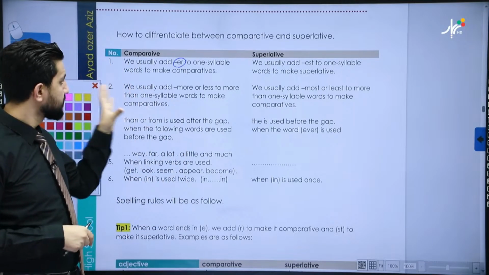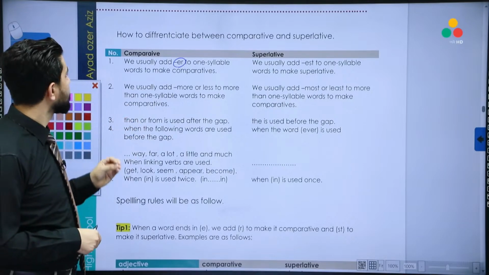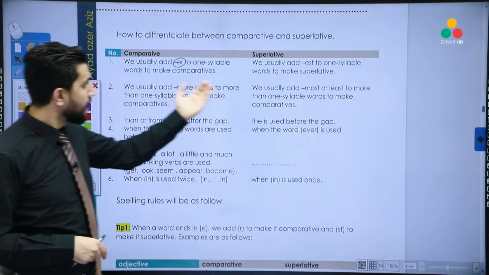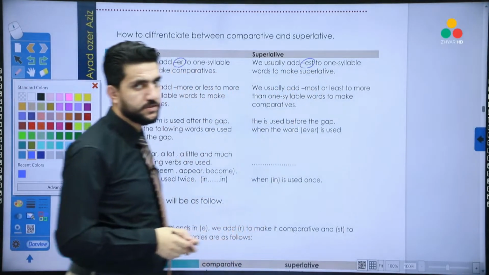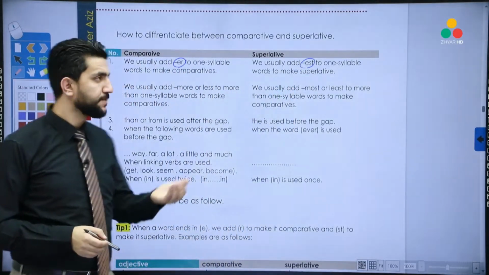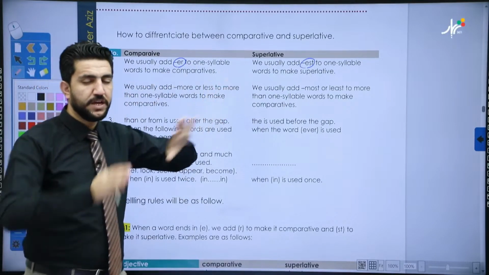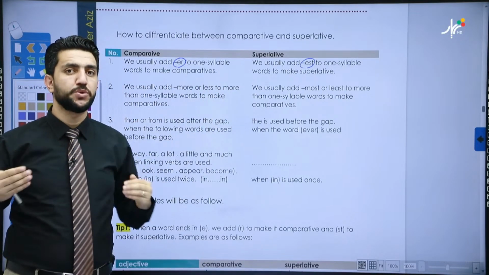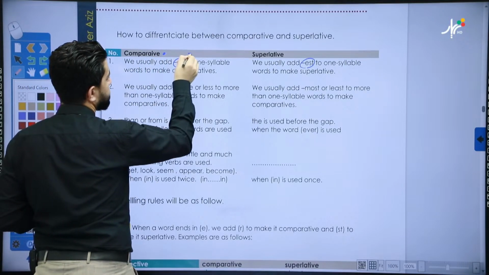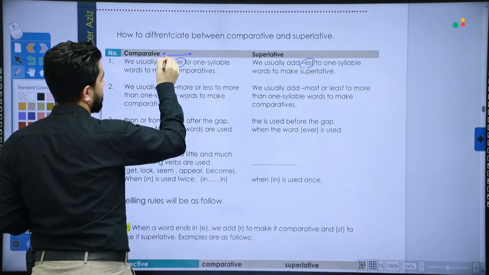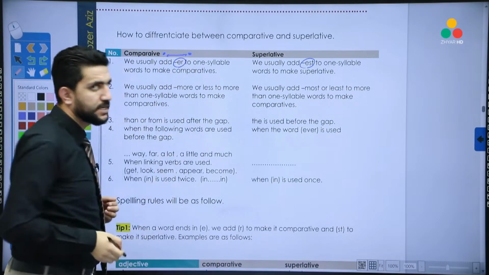Just let's talk about a few tips together. And we usually add EST to one-syllable adjectives to make it superlative. Comparative means comparing two things. So we need two things to compare.